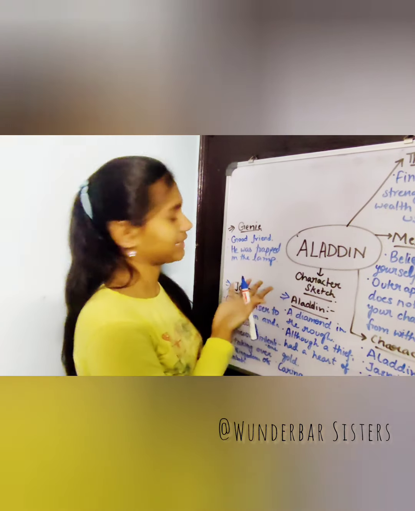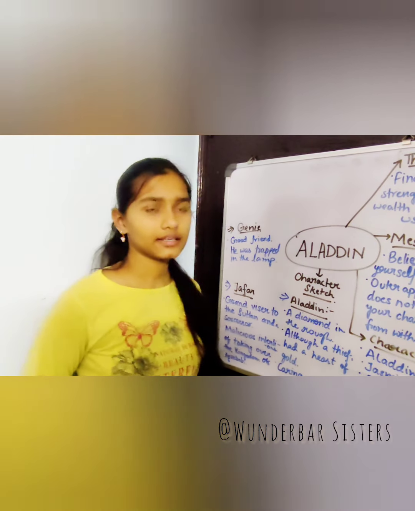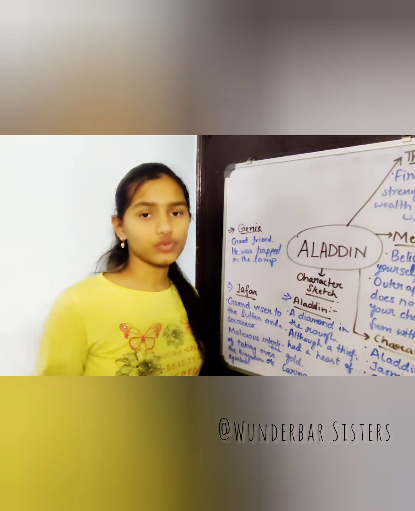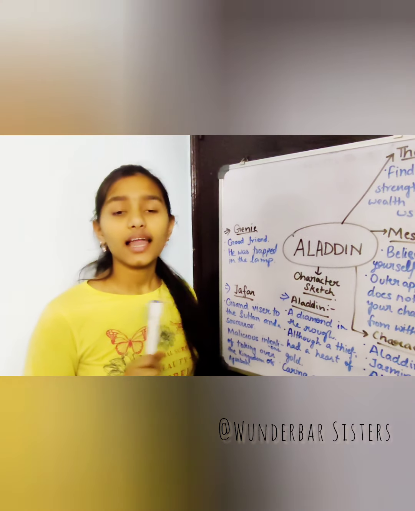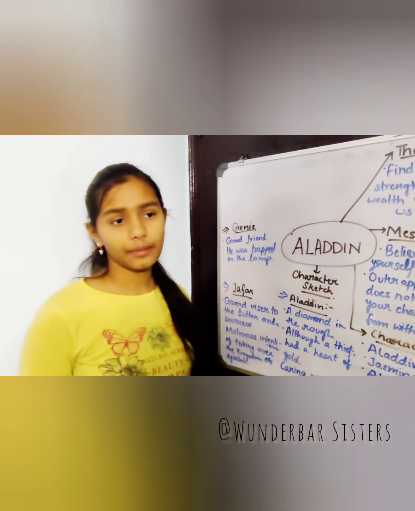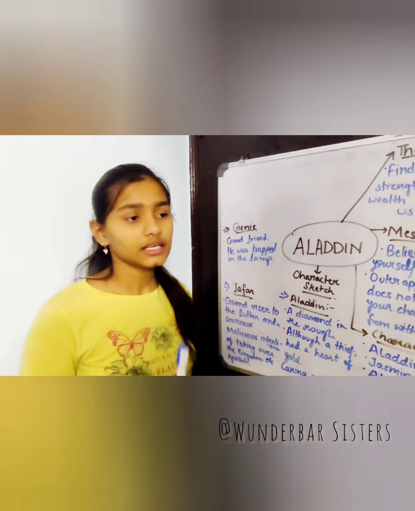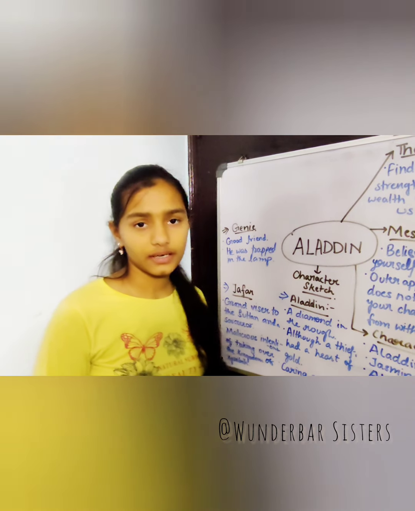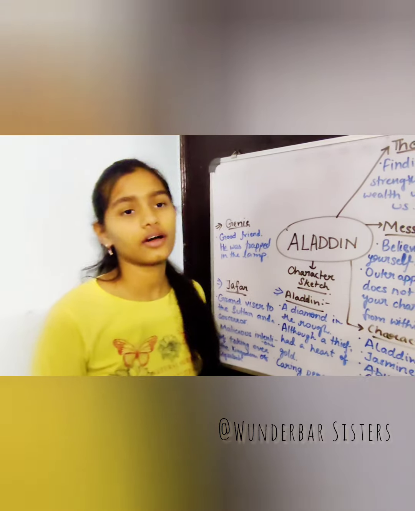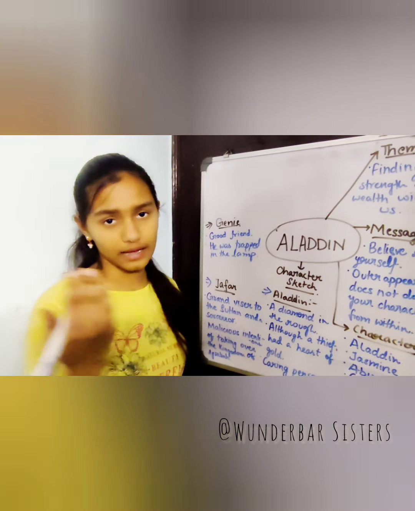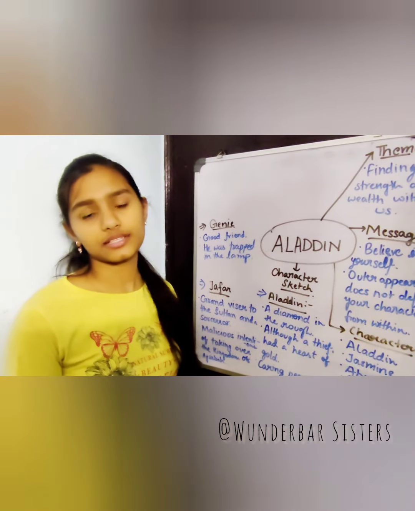So the next point that we can write for Genie is that he always voted for truth because it can be seen him telling Aladdin to tell the truth to Jasmine about him truly being a commoner, a person who lived in the village, in the kingdom of Agrabah, and not as a prince of Ababwa as he was claiming to be.